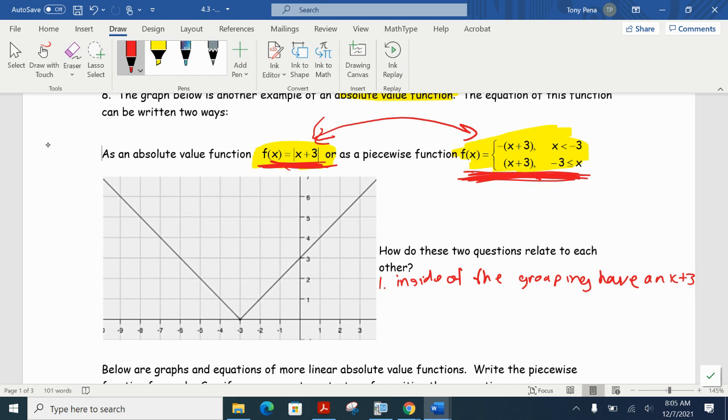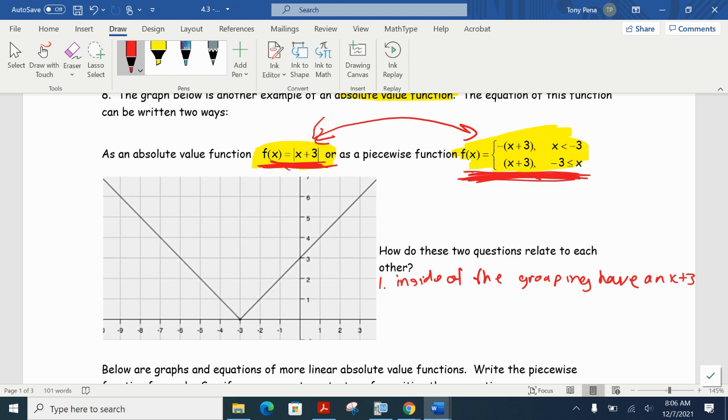Here the grouping is the absolute value bars, here it's your parentheses. But both of them have that x getting increased by 3. So that's one thing we want to observe when we start working back and forth between them. The grouping should be the same. Whatever's inside of the absolute value brackets should ultimately be inside of the parentheses and vice versa.